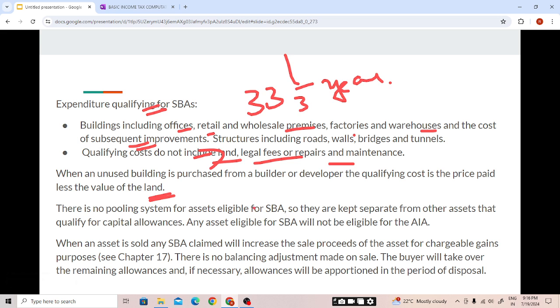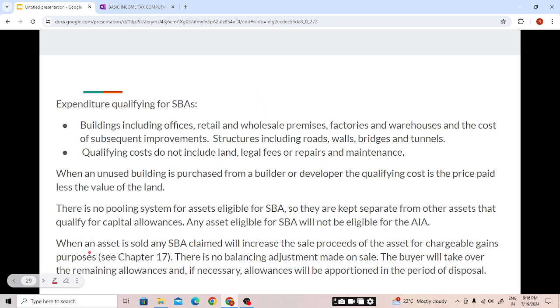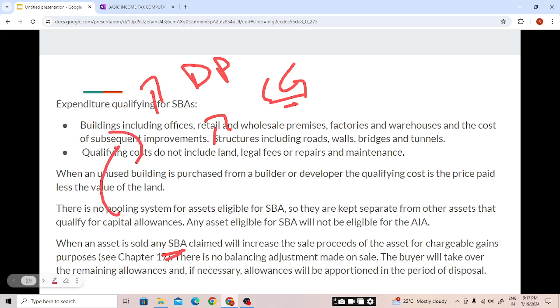Then if an asset is sold to a buyer, the first implication is on the selling proceeds, the chargeable gain. When we are calculating the chargeable gain, the proceeds value will increase by the structure and building allowance already claimed, and the buyer will be further calculating the structure and building allowances on the same amount on which the original owner, the seller, had calculated this.